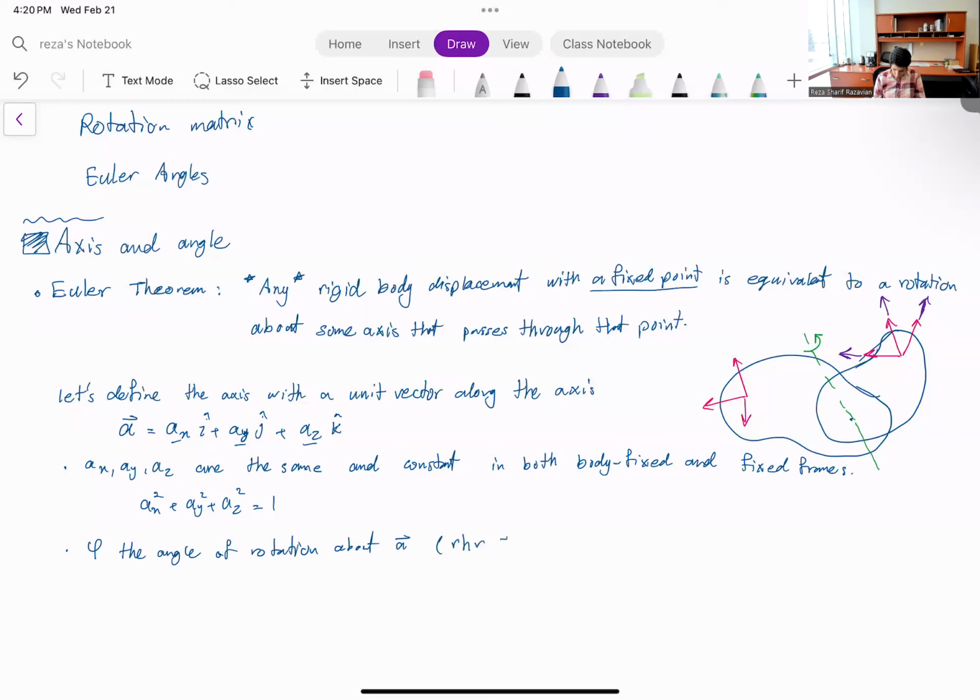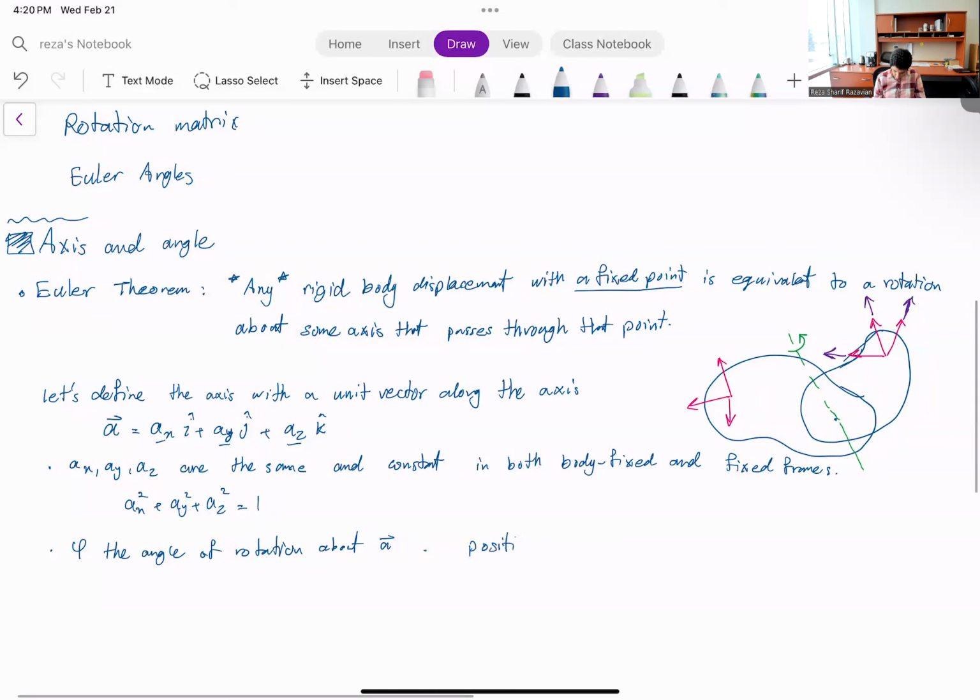Positive direction of both the angle and A, kind of considering together, follows the right hand rule.